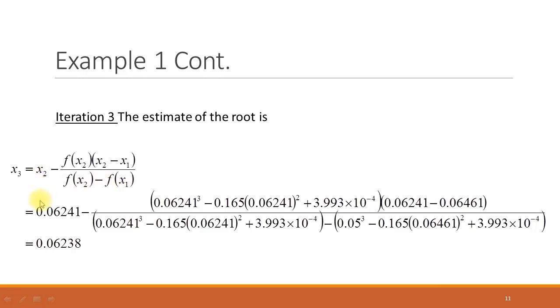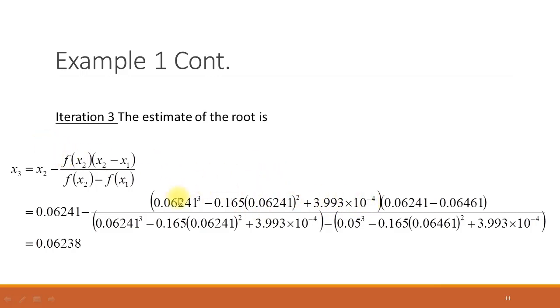So we obtain x3 is equal to 0.06241 minus, now estimate the function at x2: 0.06241 whole cube minus 0.165 into 0.06241 whole square plus 3.993 multiplied by 10 raised to the power minus 4.